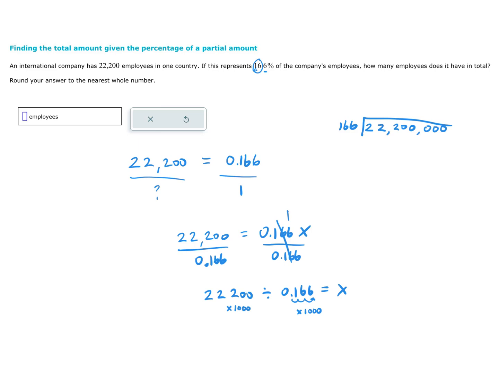And this is some super fun long division. Not really. This is the type of long division you would not want to do. So 166 goes into 222 one time. This is again why I would recommend using a calculator on problems like this, because it's going to take you a while. And then we have 11 minus 6 is 5. Bring down our 0.